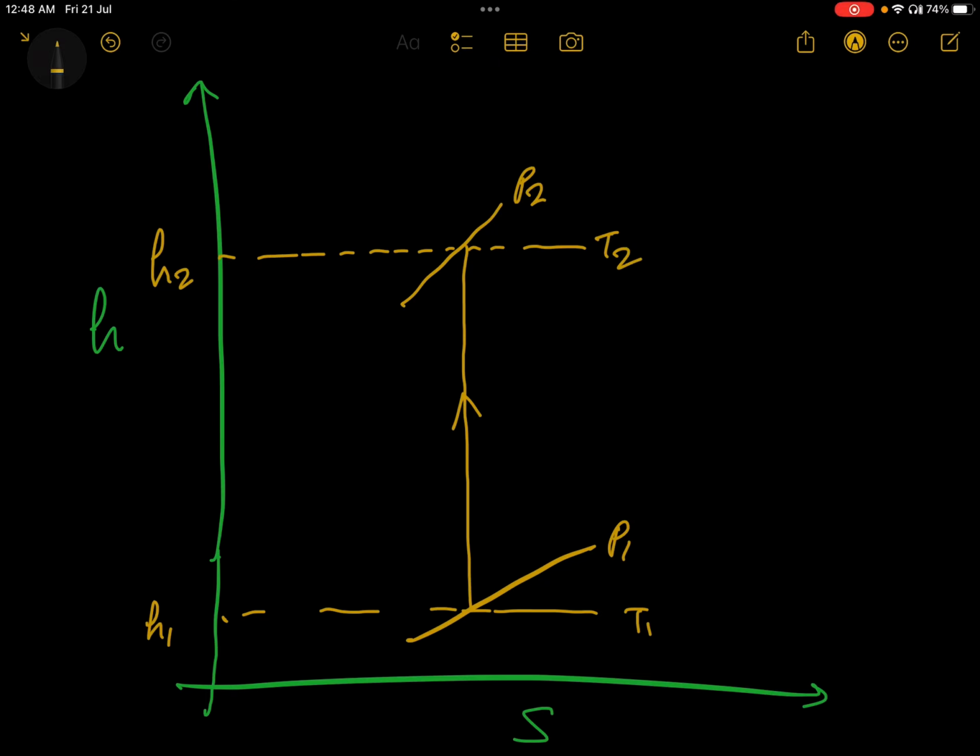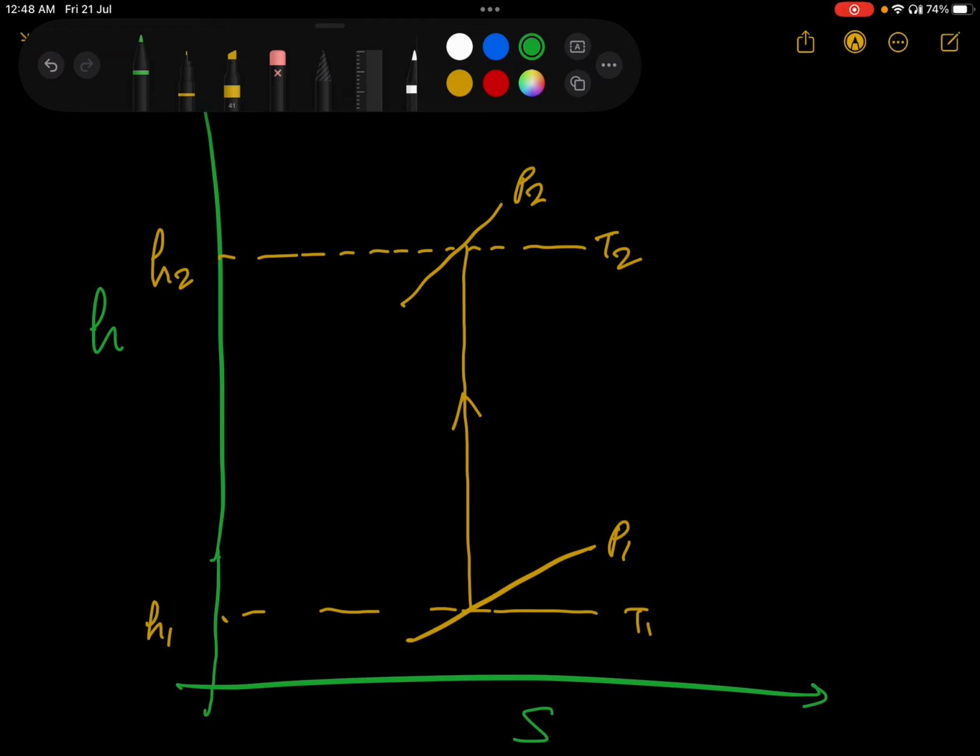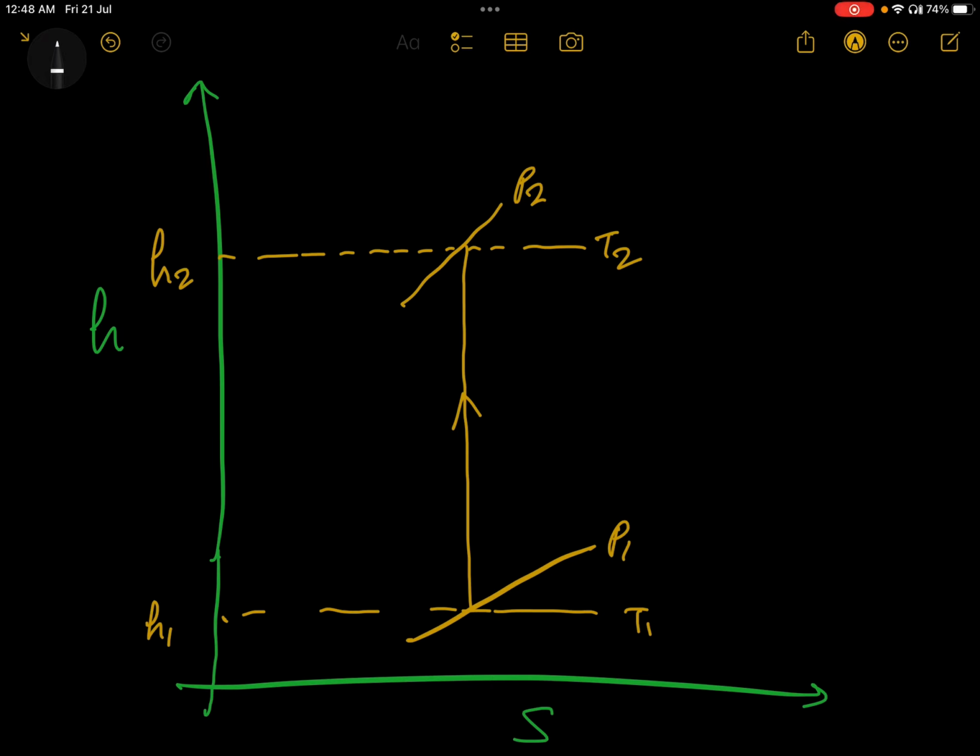Now we'll try to understand with respect to stagnation states. For state 1, to find the stagnation state, we add some velocity, V1 square by 2, and we come to stagnation state H naught 1, and here the pressure will be P naught 1.